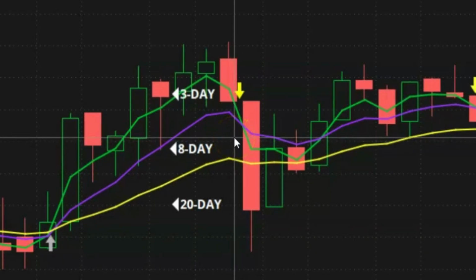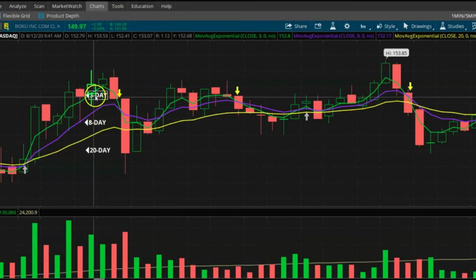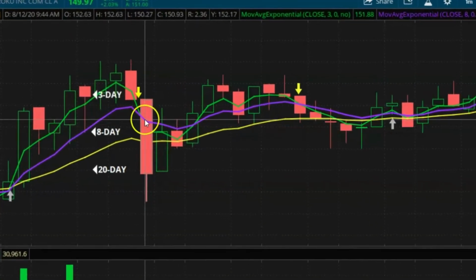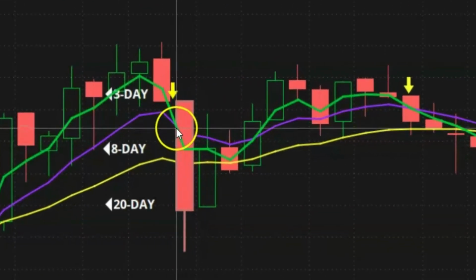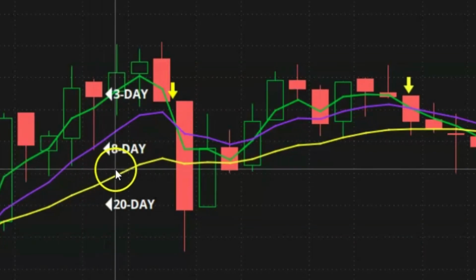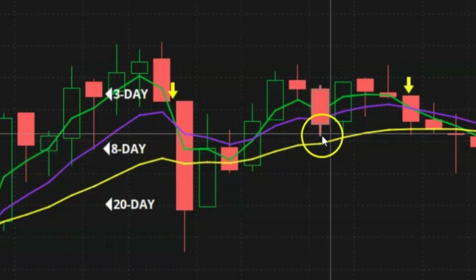Let's look at the crossover. Now you can see that the order 3, 8, 20 has changed at this point, and the 3-day has gone down below. If you're very risk averse, you want to exit at this point. But what I would usually do is follow the direction of the 20-day.